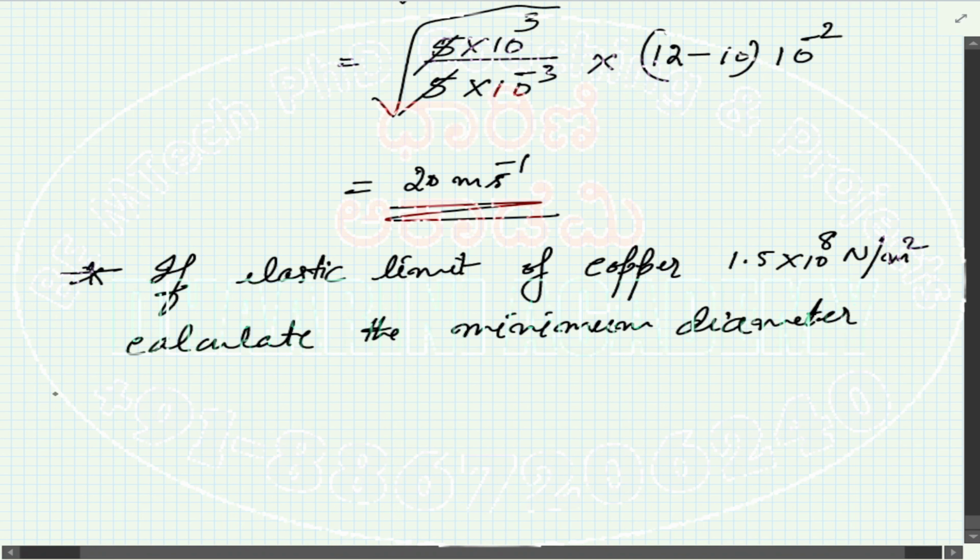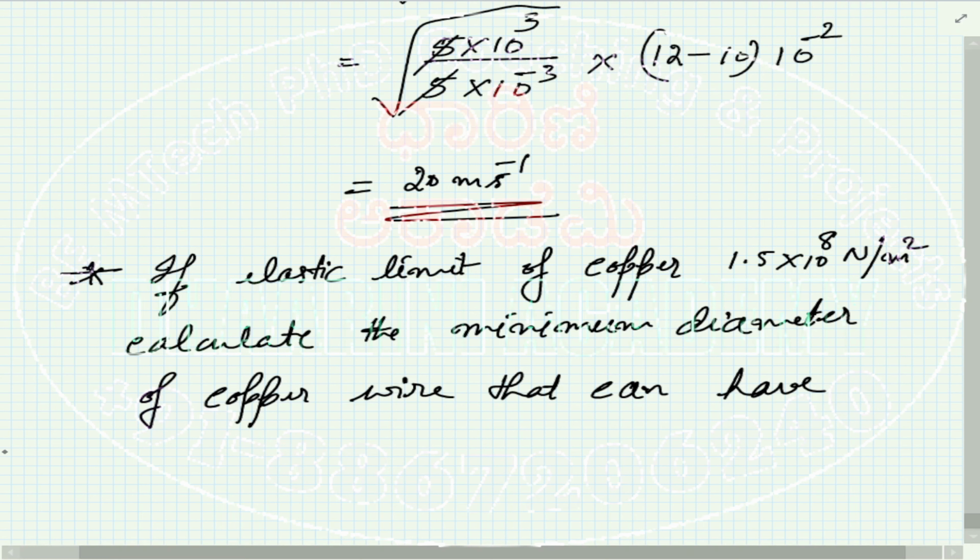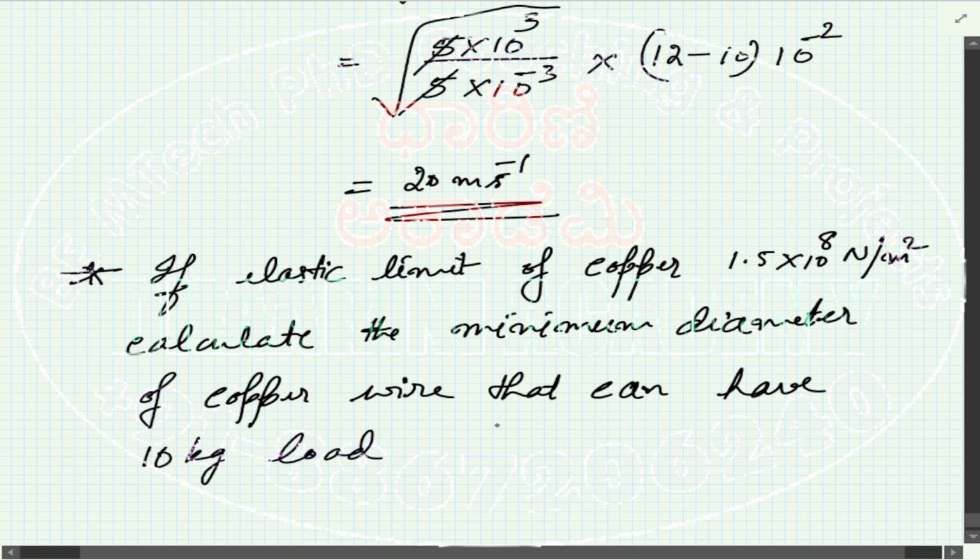Minimum diameter of copper wire that can have a 10 kg load.